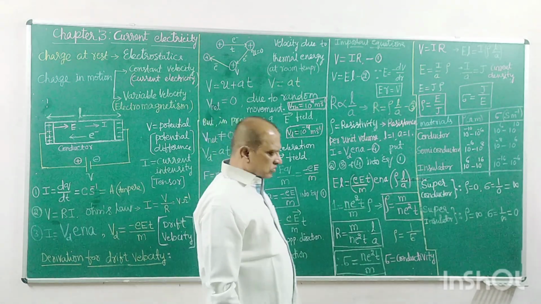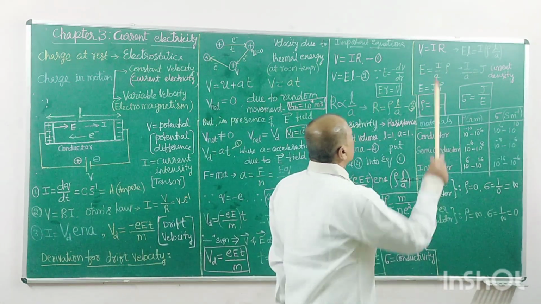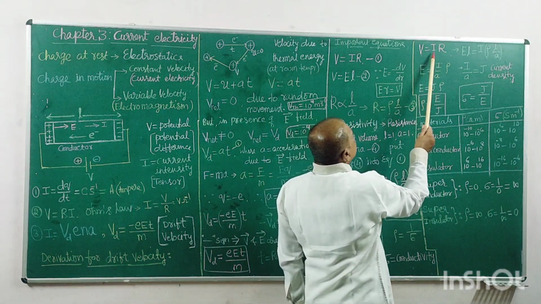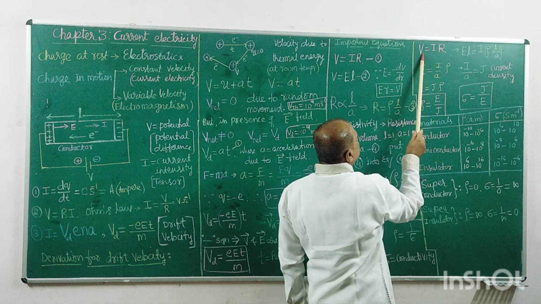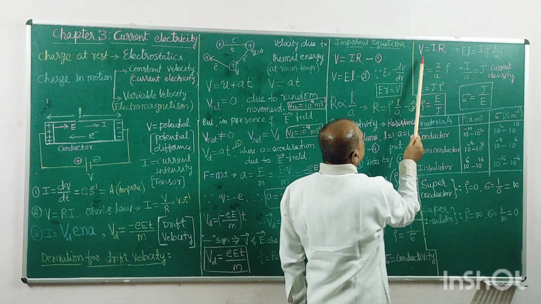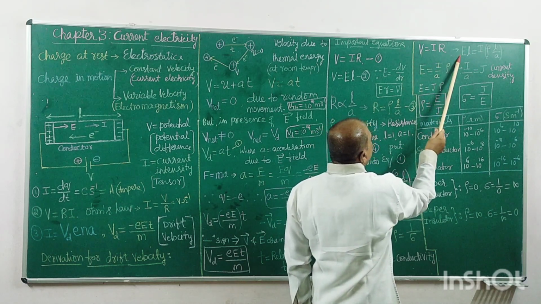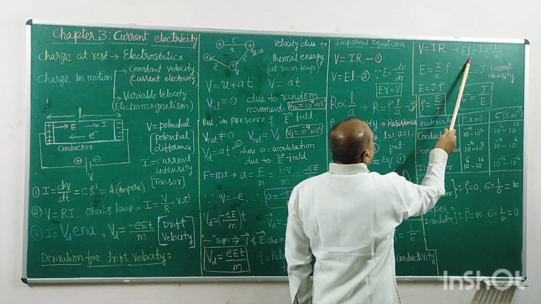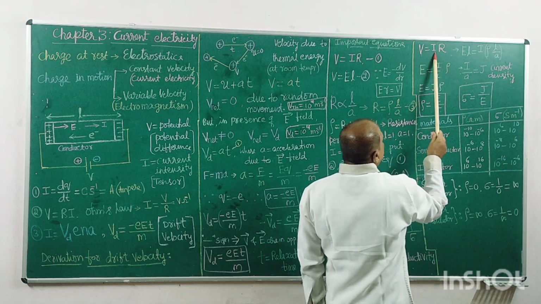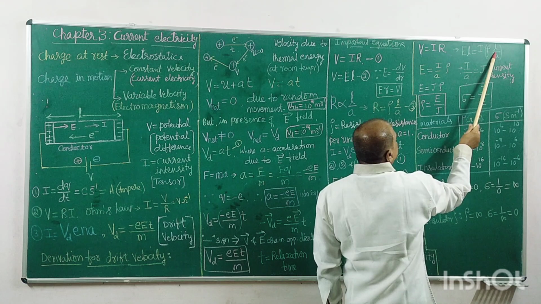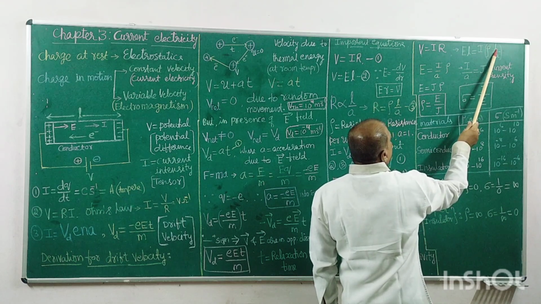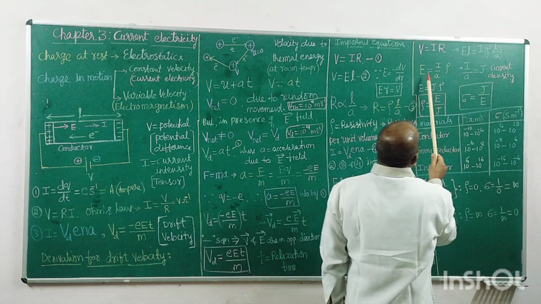Now one more equation you can get. V is equal to IR, Ohm's law. V is equal to E times L, and retain R as this, and simplify this.